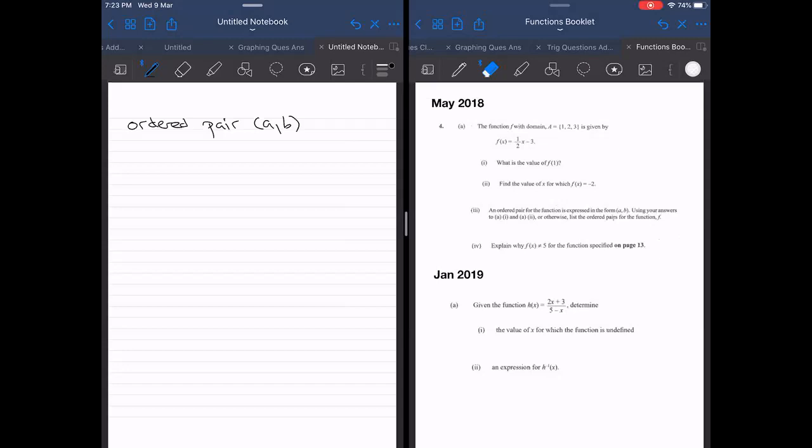It says using your answers to part 1 and part 2, or otherwise, list the ordered pairs of the function. So what they're saying is that ordered pairs are the matching inputs and outputs. That's what ordered pair means, right? So they're asking you to list all the matching inputs and outputs.